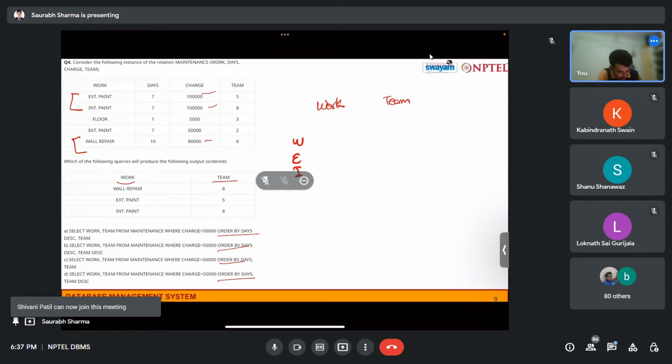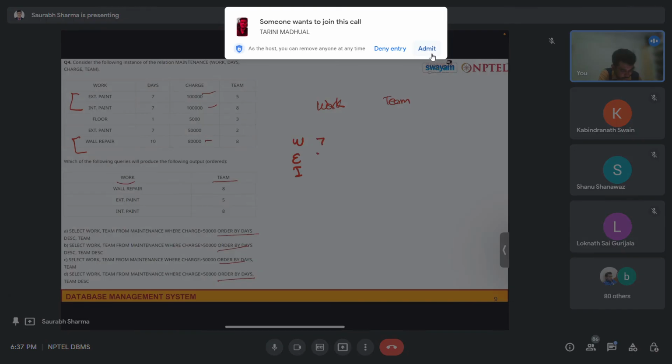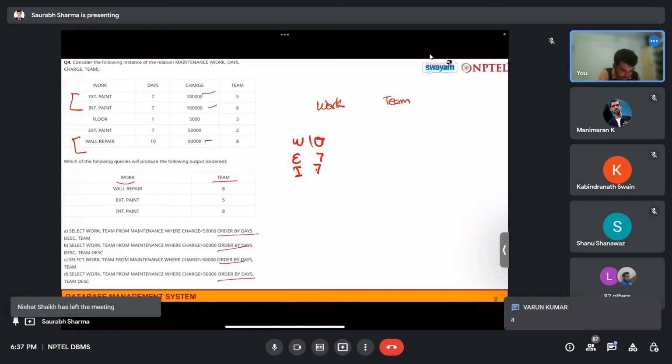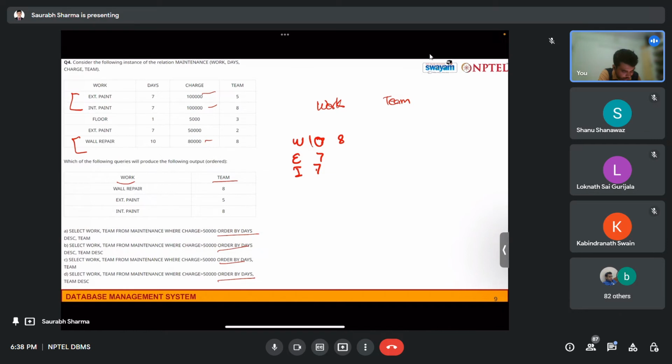Now the number of days are 10, 7, 7. What next do we have to do? We have to go through team. Team by default we take in ascending order. The teams are 8, 5, 8.